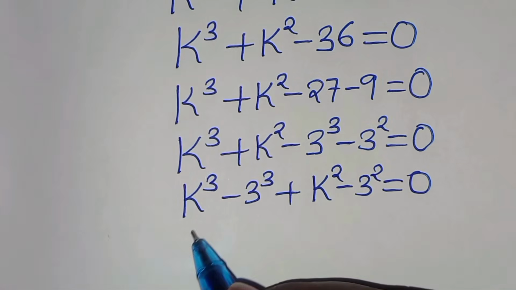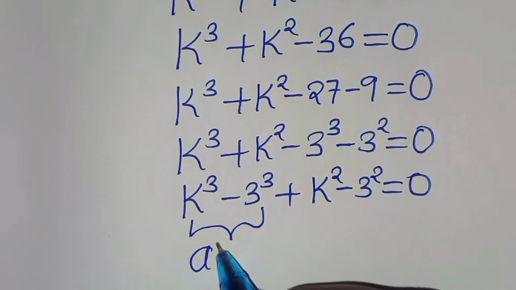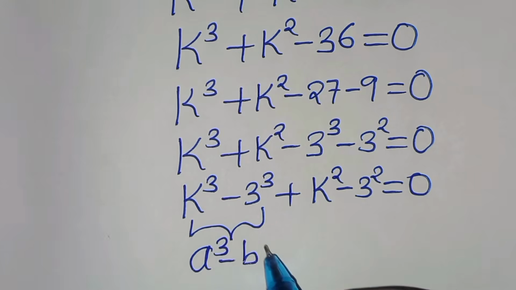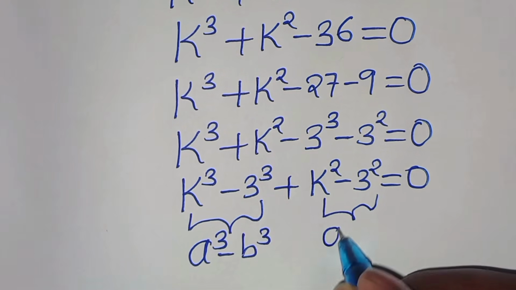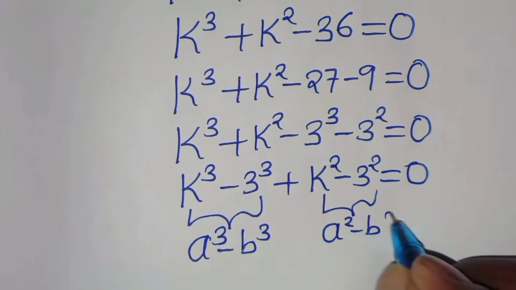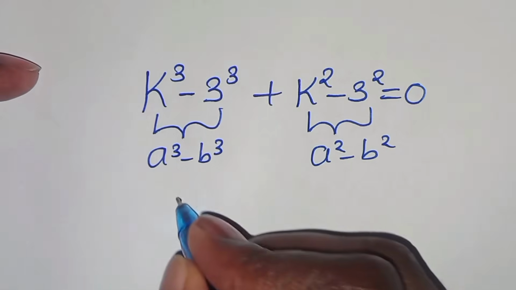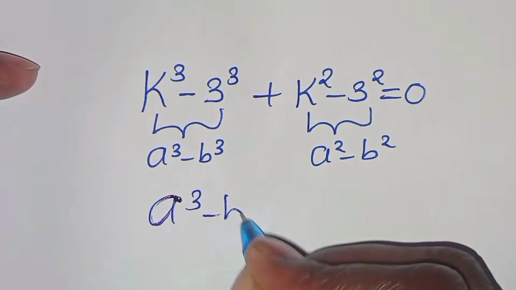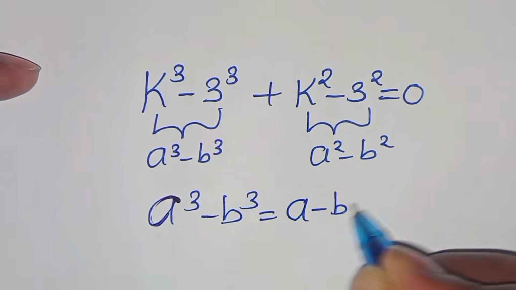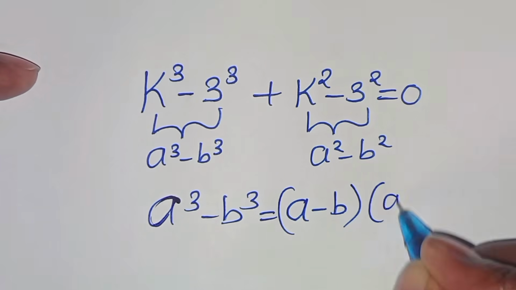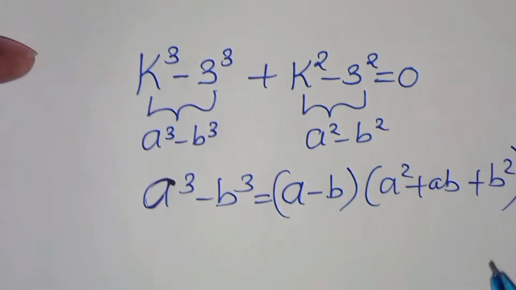So we have got two parts here. This is the difference of two cubes expressed as a to the power of 3 minus b to the power of 3. This is the difference of two perfect squares expressed as a squared minus b squared. A to the power of 3 minus b to the power of 3 can be expressed as a minus b, a squared plus ab plus b to the power of 2.